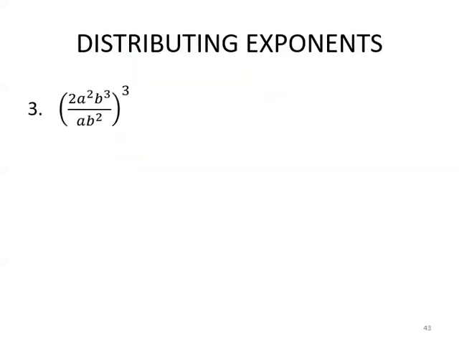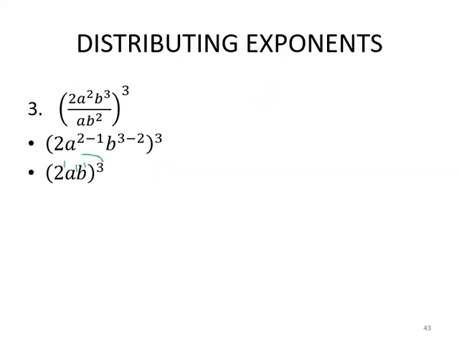What about you? Remember, simplify what is inside the brackets first before you distribute the exponents. So when I simplify what is inside the brackets first, this is what I will get. When you divide bases that are the same, you always minus the exponents. I don't think I need to explain that. Here, the exponent is 1, the exponent is 1, the exponent is 1.